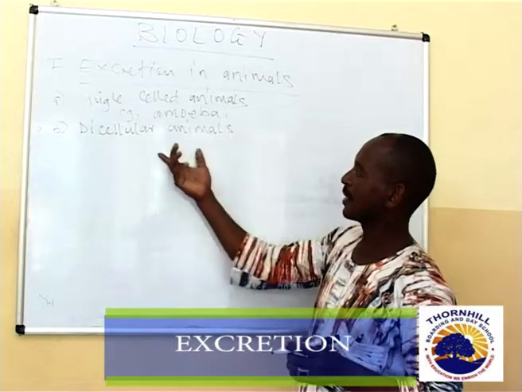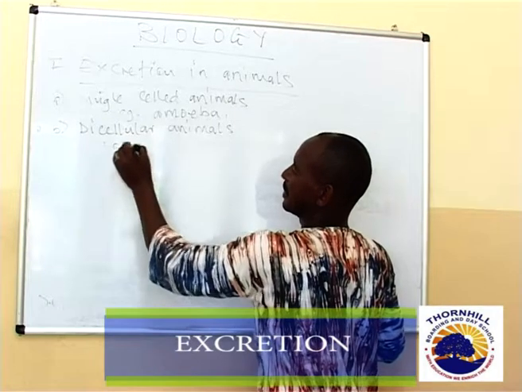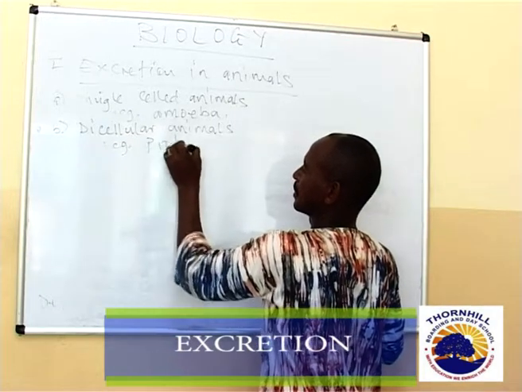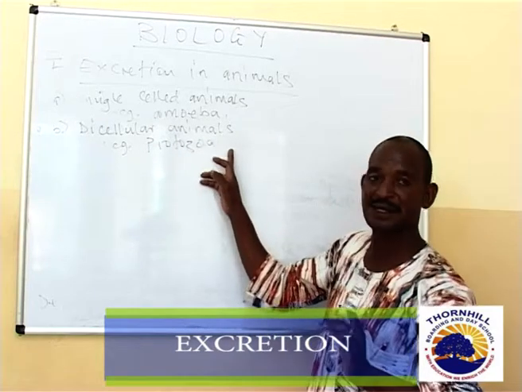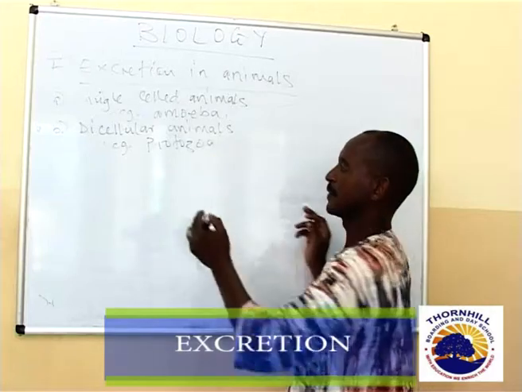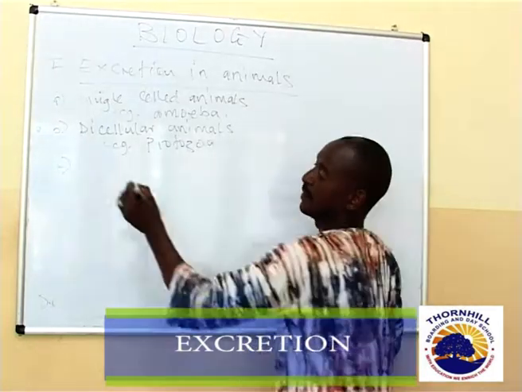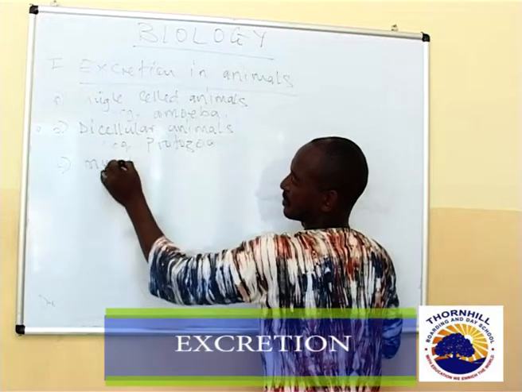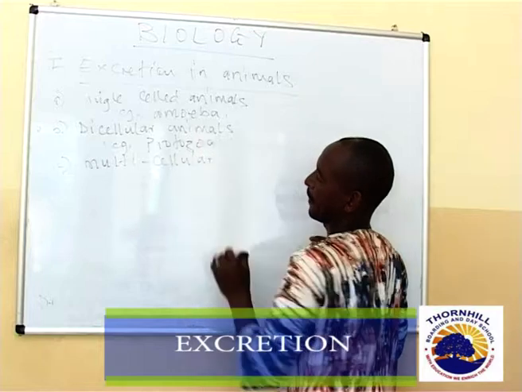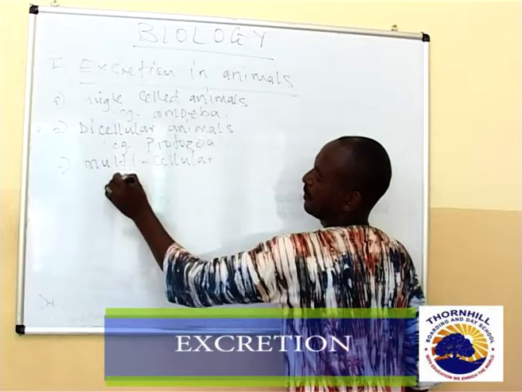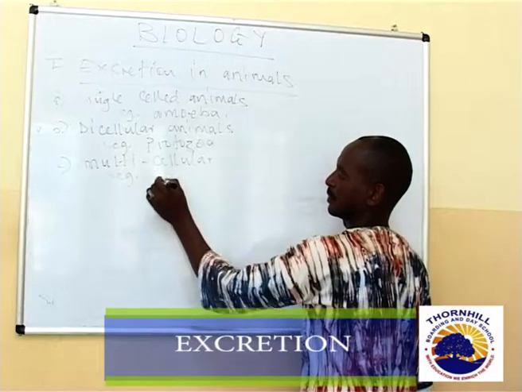These animals are made up of two cells, and an example of this family is the protozoa family, where we classify the bacteria and the viruses. The other class of animals is known as the multicellular animals. An example of a multicellular animal is a human person.